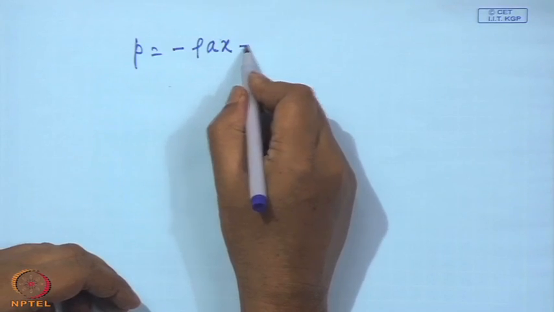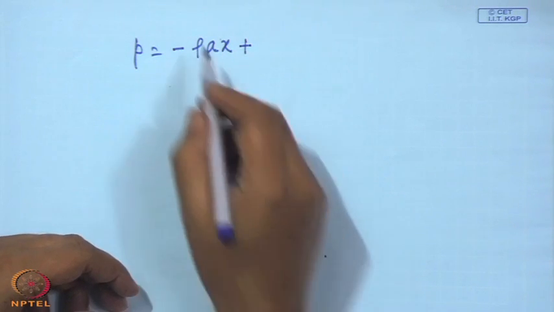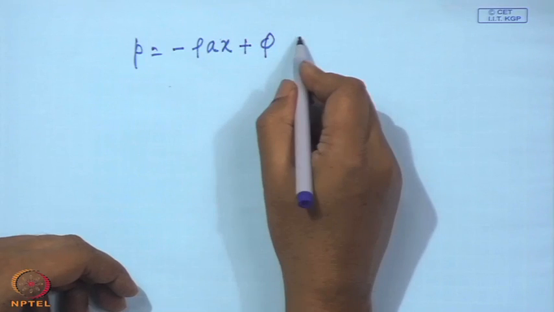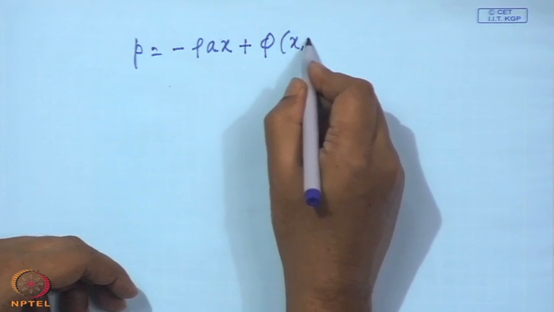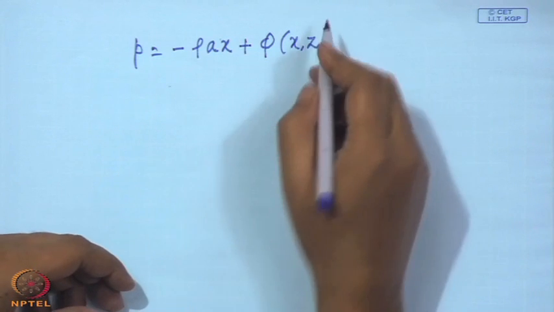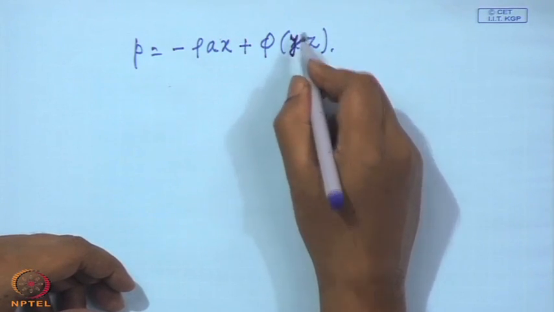Okay, let us not use g, because g is already being used as gravitational acceleration. So we can write this as, say, phi, y z: phi 1 y z.